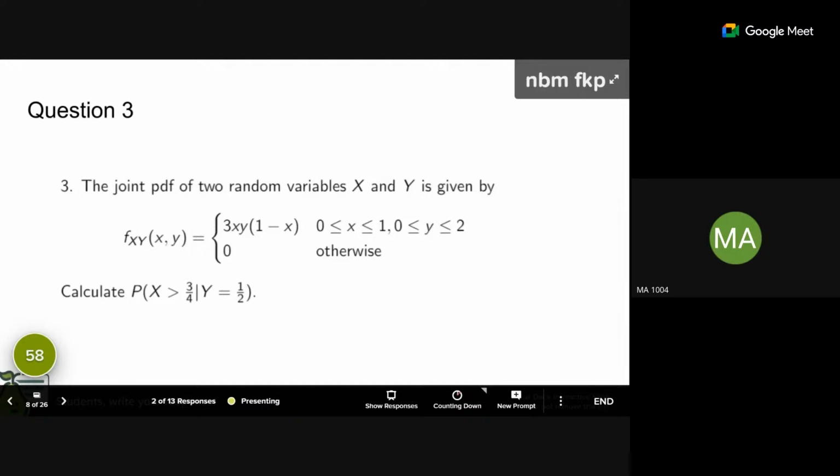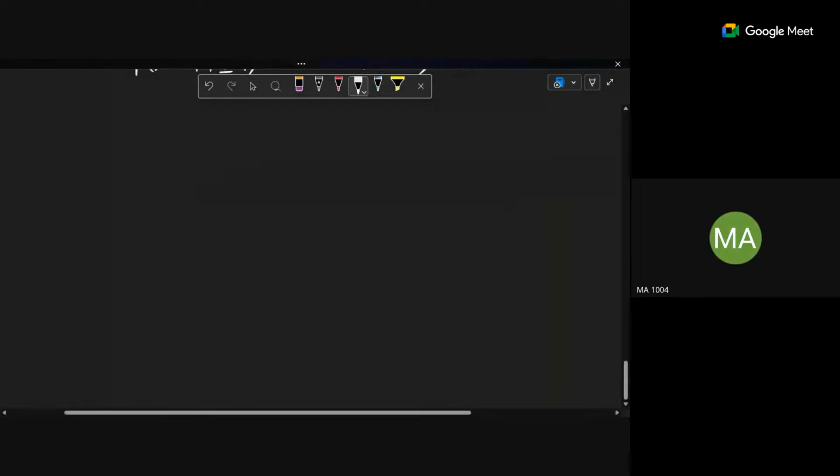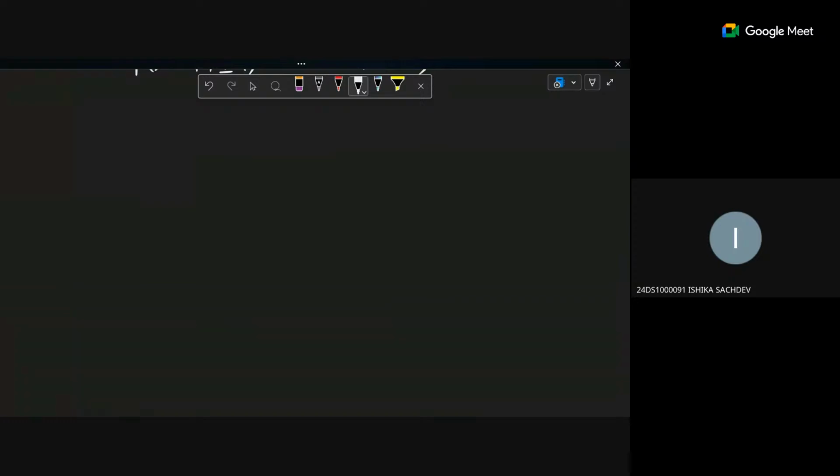Ma'am, I'm confused about this joint PDF. Is it not where Fy is 1 by 2? We have to further integrate with respect to x values 3 by 4 to 1, and then 1 by 4 dx.